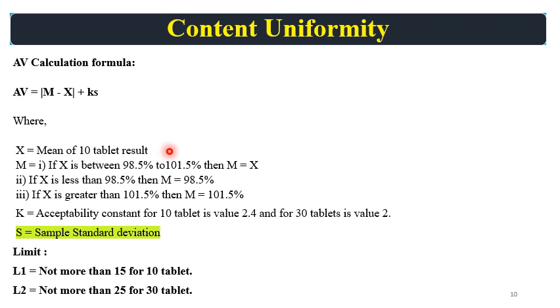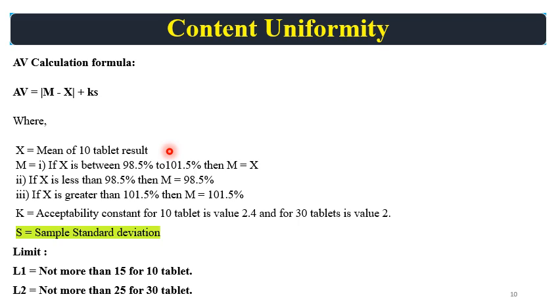M is determined based on X. If X is between 98.5 and 101.5, then M is equal to X. If X is less than 98.5, then M is equal to 98.5. If X is greater than 101.5, then M is equal to 101.5.